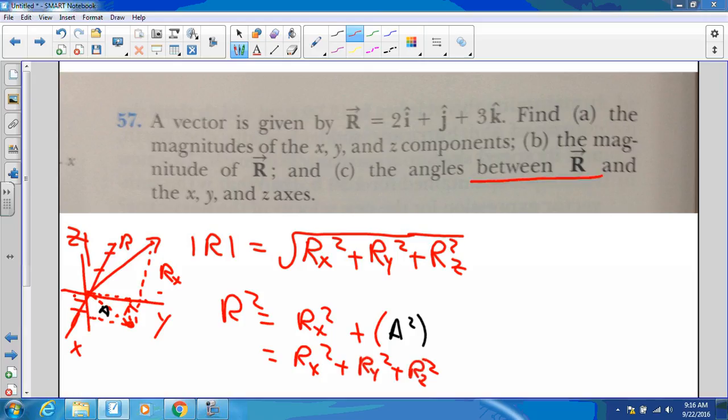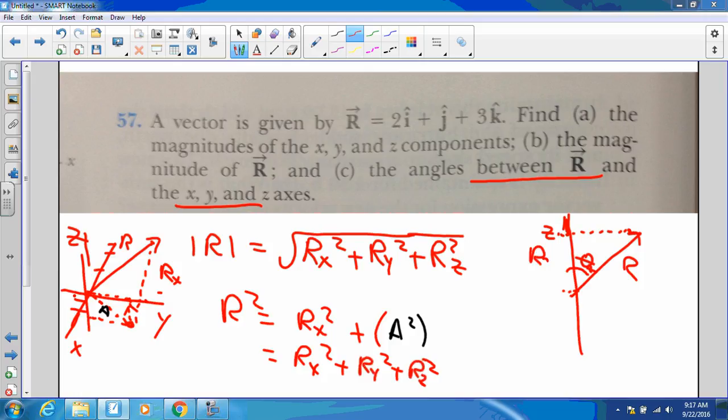When I consider the angles between r and each of its axes, then I find something really interesting. Let's take just the z-axis. So here's my vertical axis, and here comes r out of the z-axis. When I consider the angle, let's call this theta z, then I can see that this forms a nice right triangle.